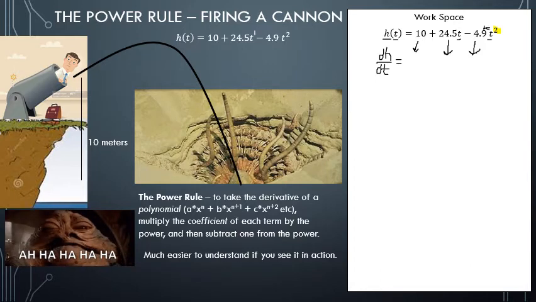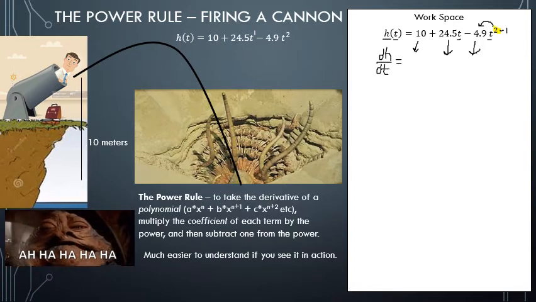You move it in front, and you multiply by what's already there. And then, after you do that, you subtract 1 from the exponent. So let's see that in action.